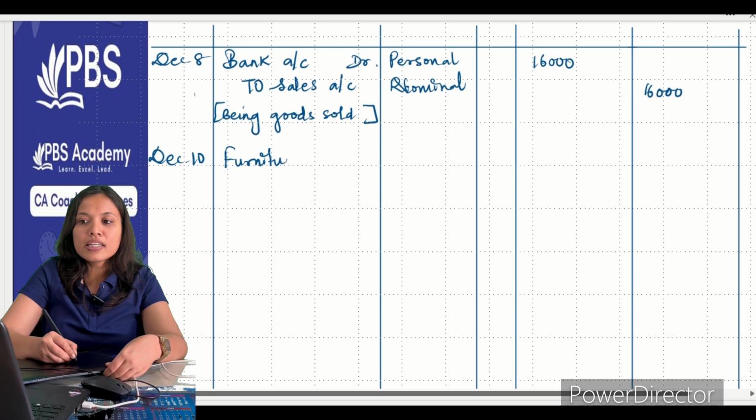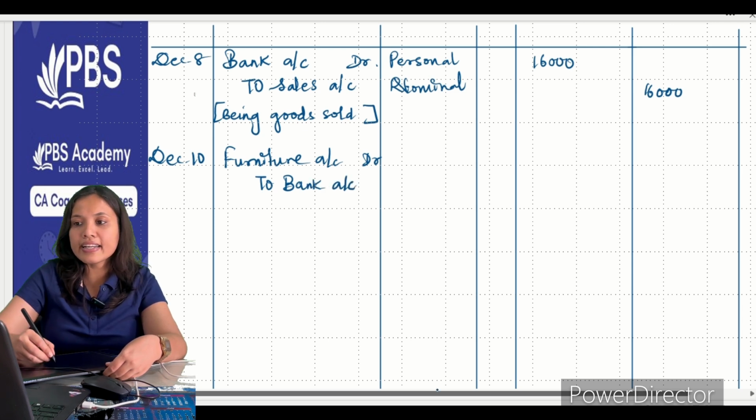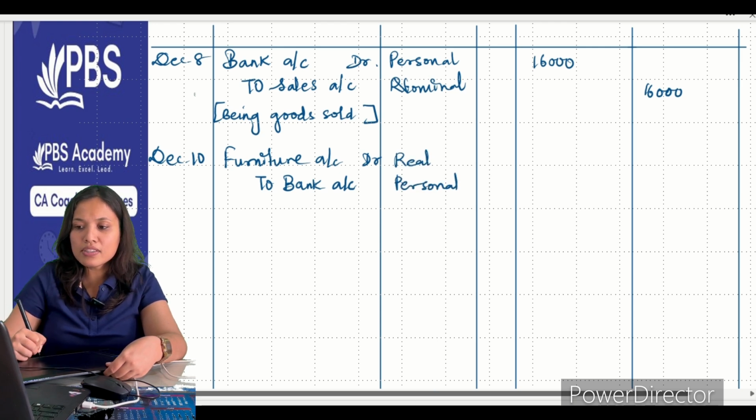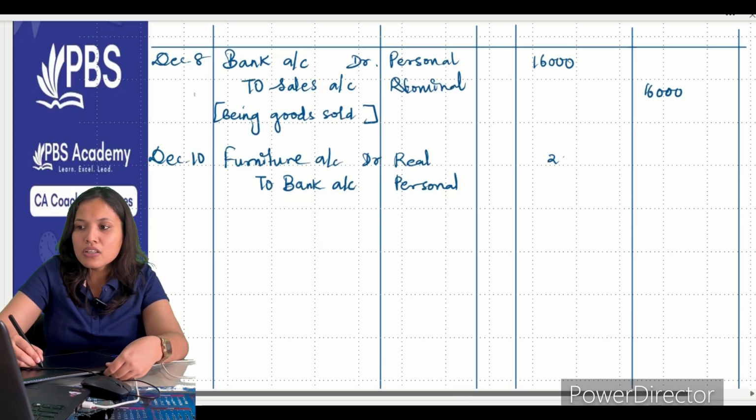Furniture account debit because asset increasing. Payment made through check, bank balance decreasing, asset decreasing and hence on the credit side. Furniture is real, bank is personal. Amount I guess is 15,000. Am I right? No, sorry, 2,500.